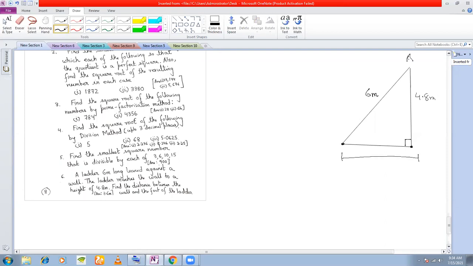So let's call this triangle ABC. This is a right angle triangle. Again, we can use Pythagoras theorem. But in this case, the hypotenuse is given to you, the perpendicular is given to you, and the base you have to find out. Right? Yes, sir.